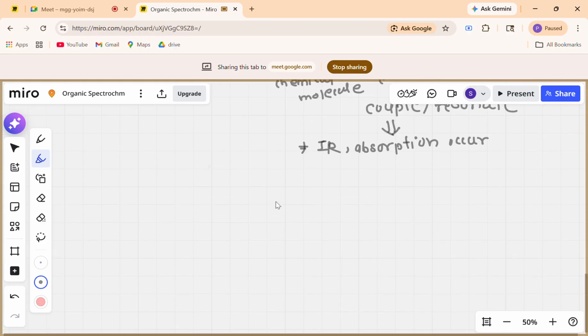So now let's take up the question of the vibration modes. We will discuss that. When we are talking about the different vibration modes present in the molecule, there are basically two types of vibrations in the molecule.